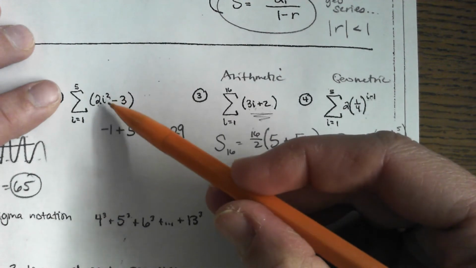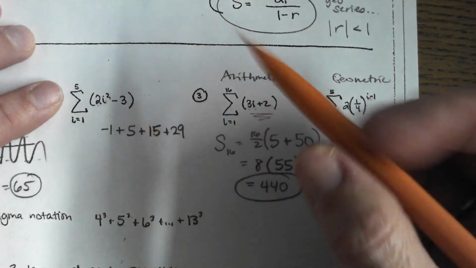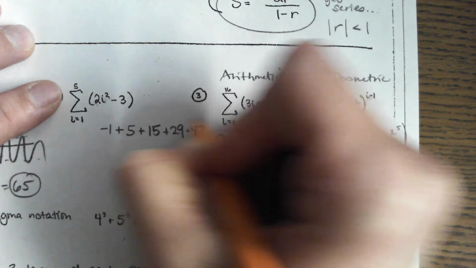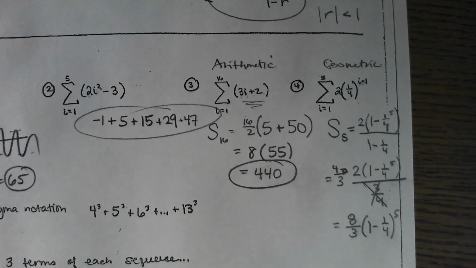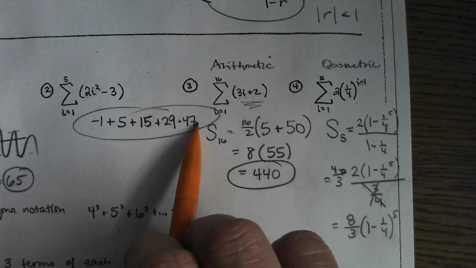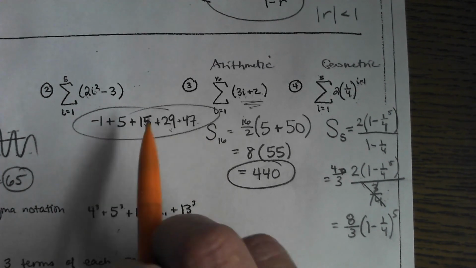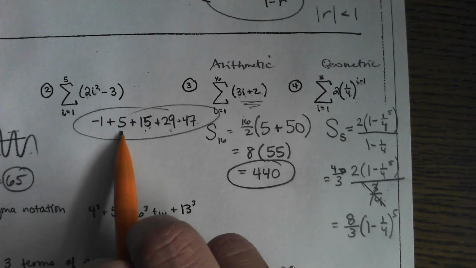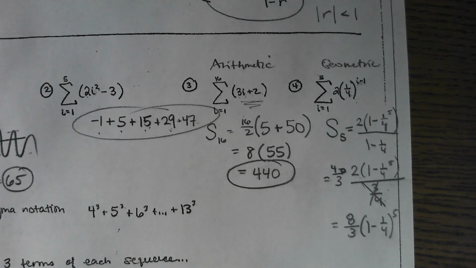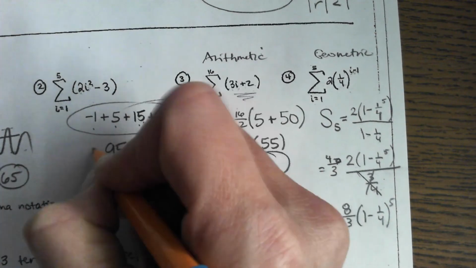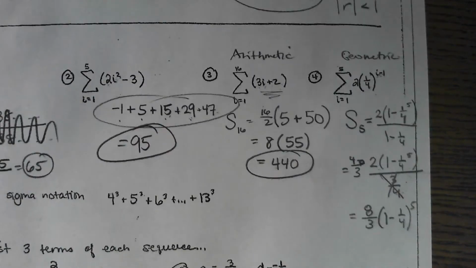And 5 squared is 25 times 2 is 50 minus 3 is 47. And then just add all of those up for your answer. I don't know if you did it the same way, but it should be 95.